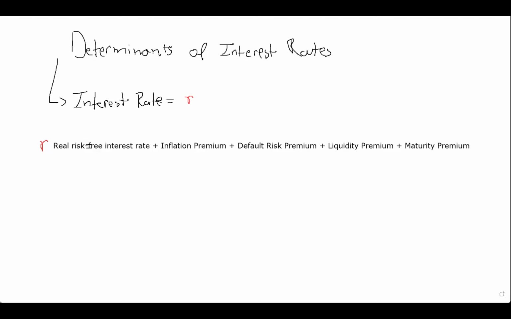The liquidity premium basically compensates investors for the risk of loss relative to an investment's fair value if the investment needs to be converted to cash as quickly as possible. Let's take the US Treasury bills, for example.